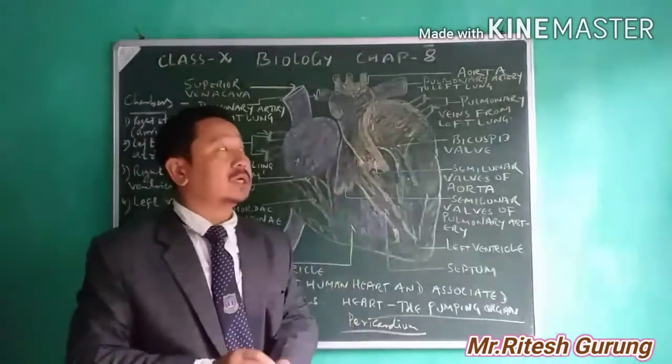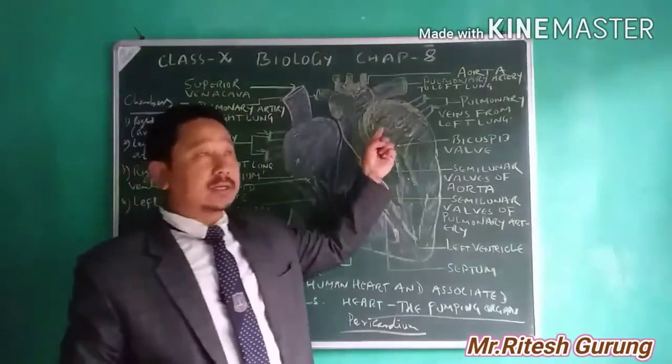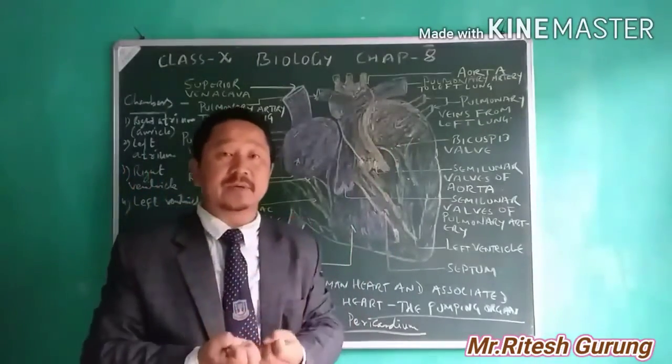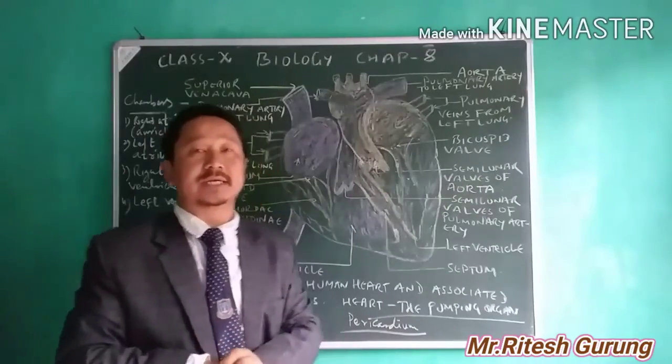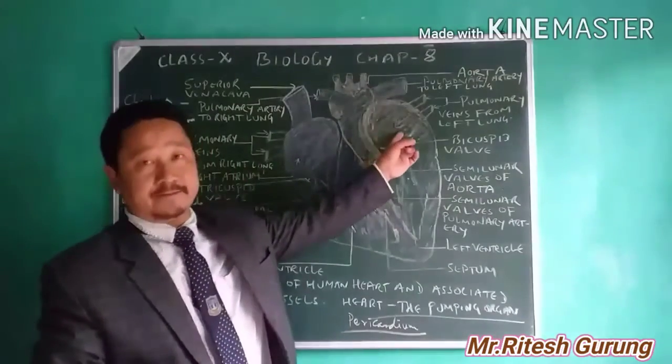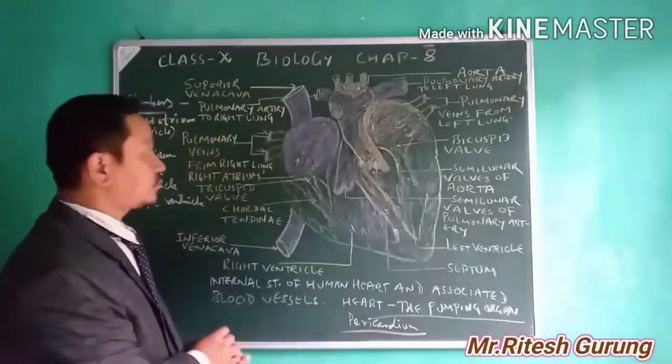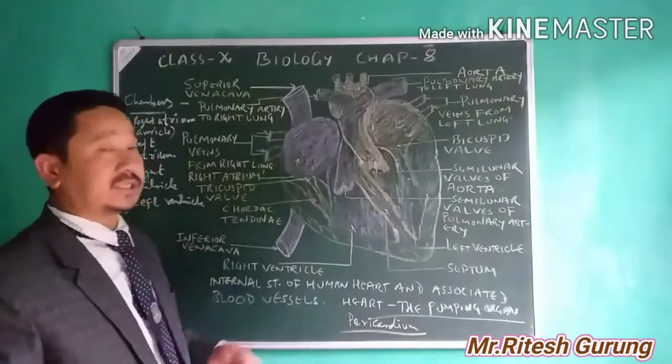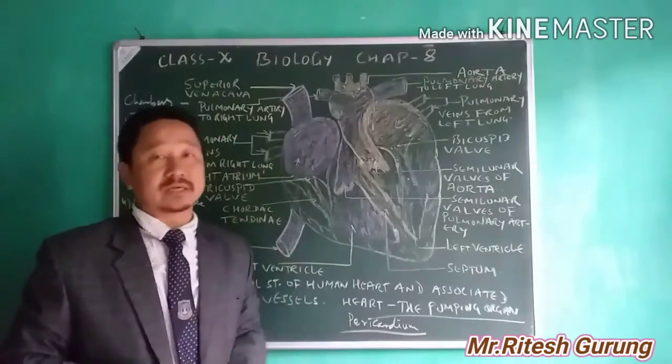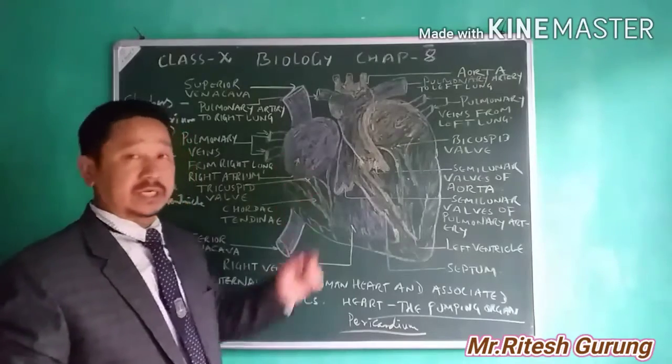Which means your left auricle is the one which receives the pure or oxygenated blood from the lungs. Then I'll tell you again afterwards the mechanism of circulation of blood through the human heart. That time I'll tell you once again.